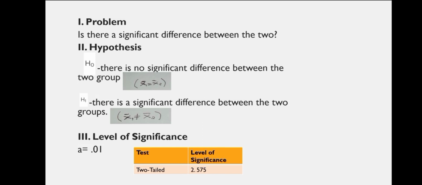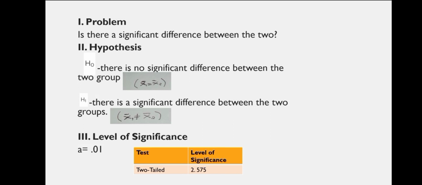For the null hypothesis, there is no significant difference between the two groups. We can denote it as mean sub 1, the mean of group 1, is equal to mean sub 2, the mean of group 2, which means they are equal because there is no significant difference between them.